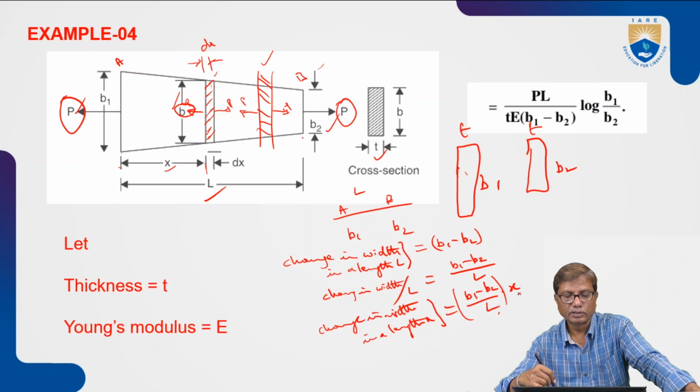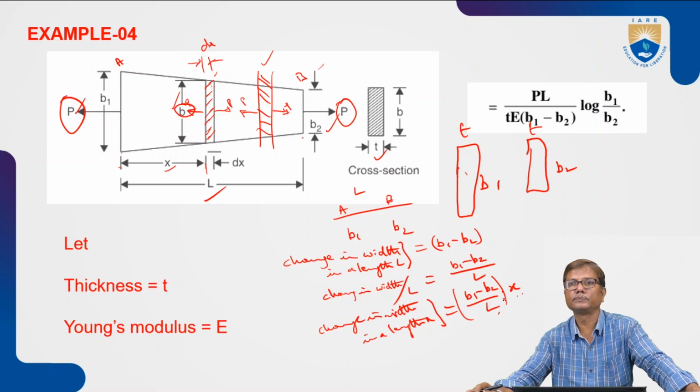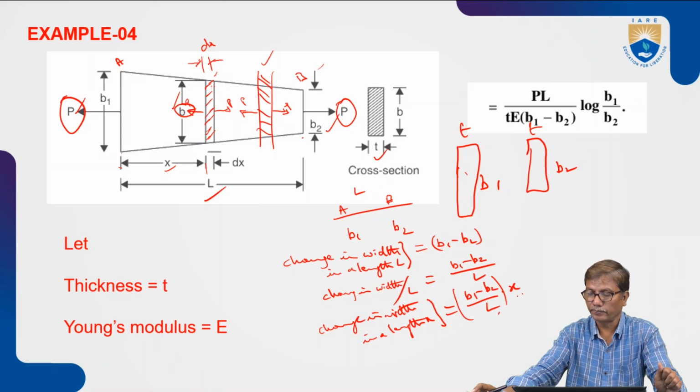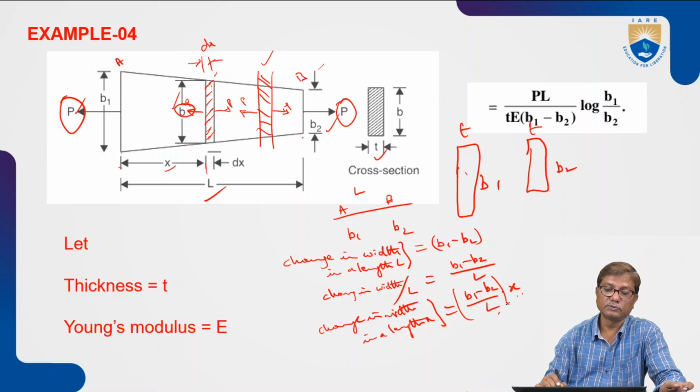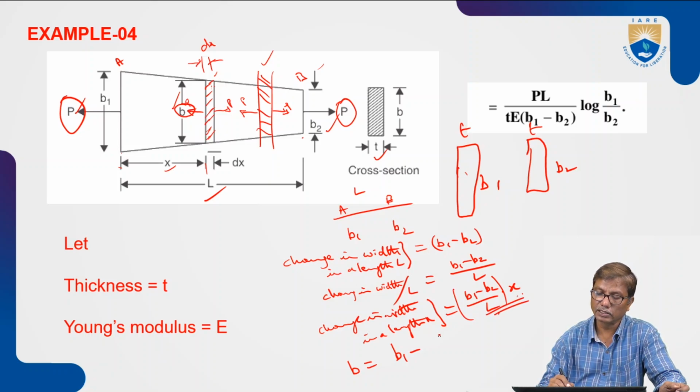So in a length x, the change in width is B1 minus B2 by L into x. So what will be the width b now? b is equal to B1 minus the change in width, B1 minus B2 by L into x.